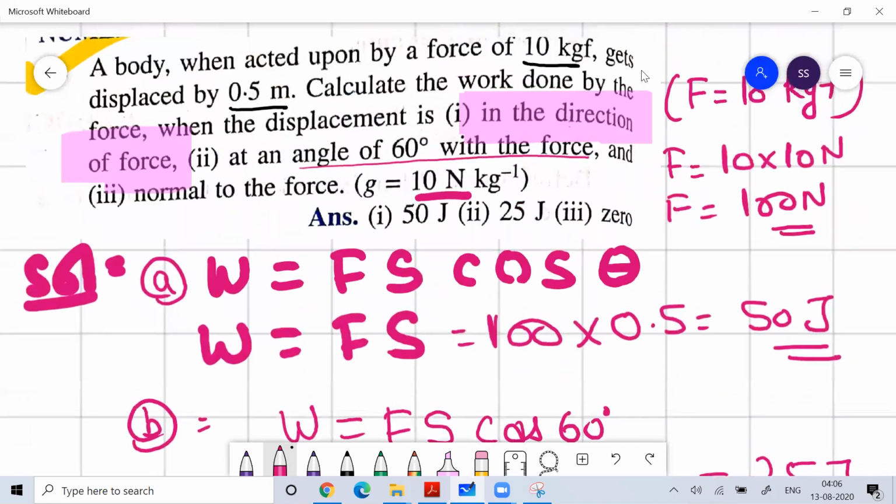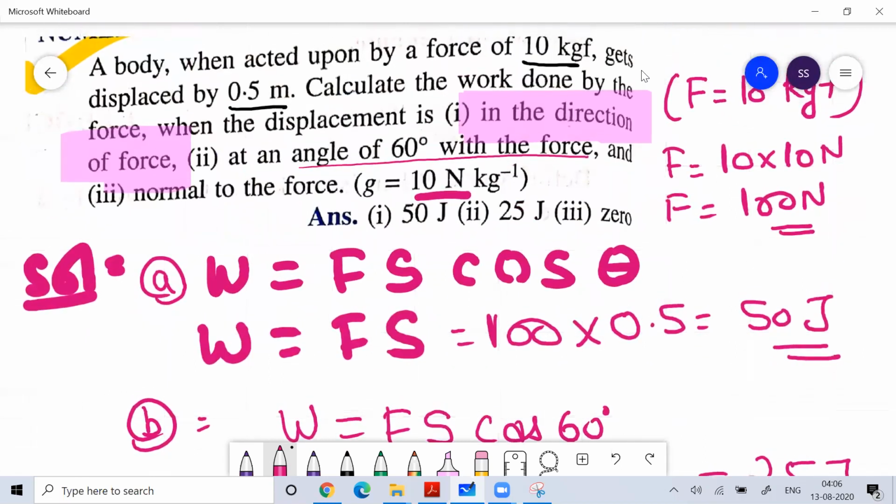And then the next part of the question is normal to the force. As I already mentioned, work done will not be considered in the language of physics if the direction where you apply the force and the direction in which the body moved are perpendicular to each other.